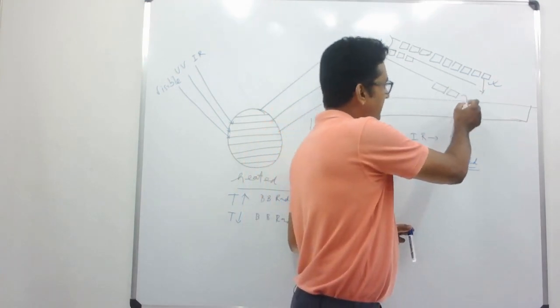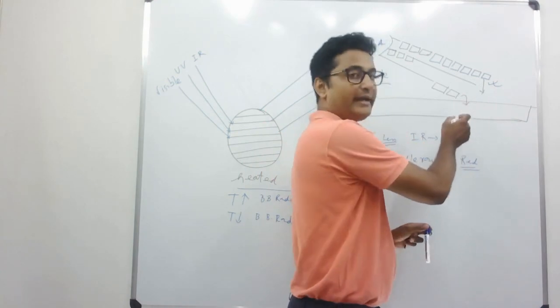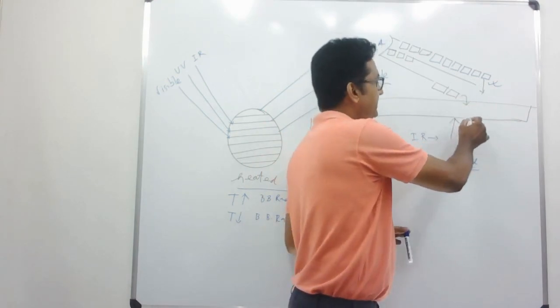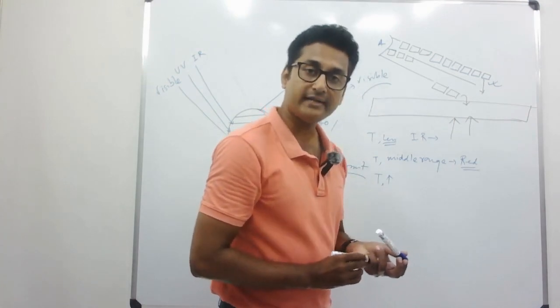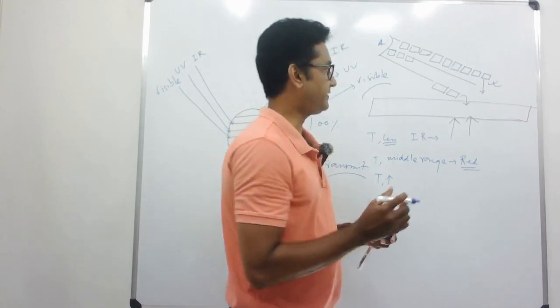The light would come and be absorbed by this surface, not in a continuous manner, but in a discrete manner.